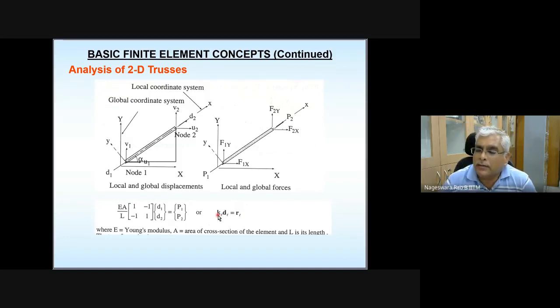So KL times T times D is equal to T times R. And multiply both sides of that equation with T transpose. You make a note of it. Okay. T transpose KL T D is equal to T transpose T R.